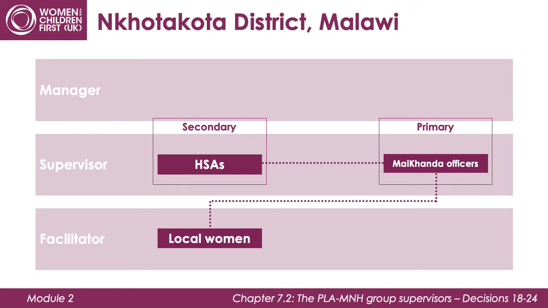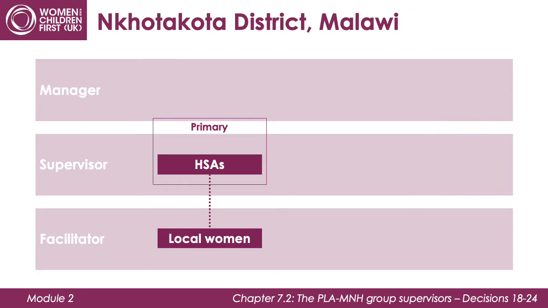Over the course of the program, they met regularly, and the NGO officers took the HSAs to visit groups and invited them to attend meetings, gradually building their capacities to take on the supervisory role. Then in the final third of the program, the HSAs were provided a formal, in-depth training in the PLA-MNH group approach and roles and responsibilities of primary supervisors.